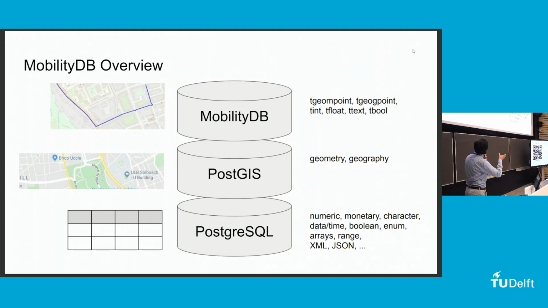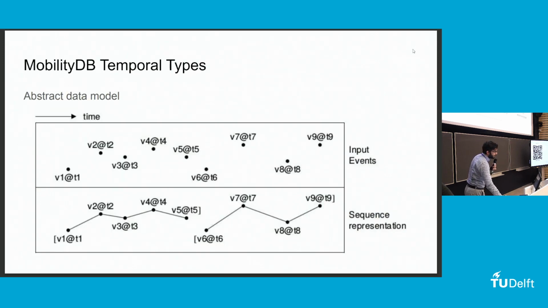MobilityDB adds spatio-temporal capabilities to the existing PostGIS and Postgres stack. With MobilityDB, you have temporal geometry, adding a temporal aspect to geometry, and also temporal floats and ints. I will explain what that is. But basically, MobilityDB is a relational database on PostgreSQL.